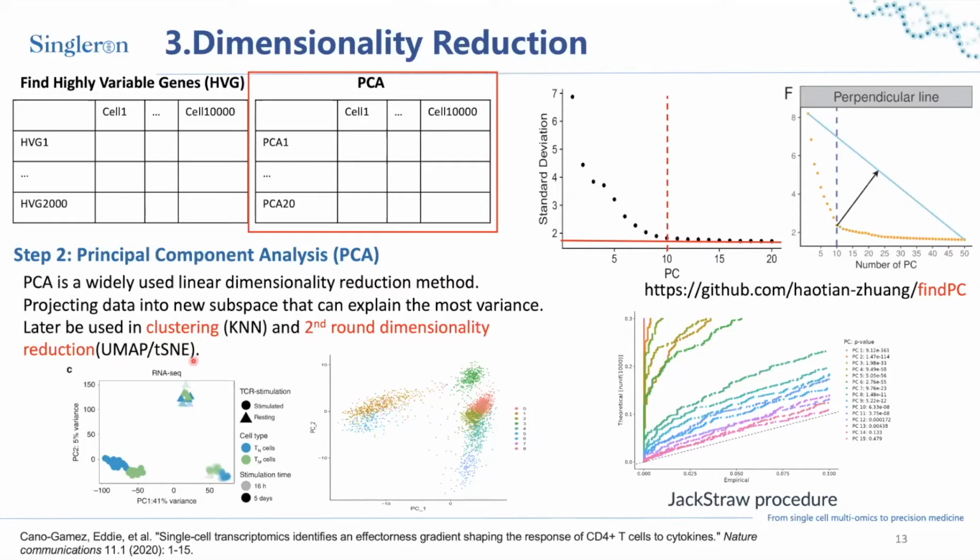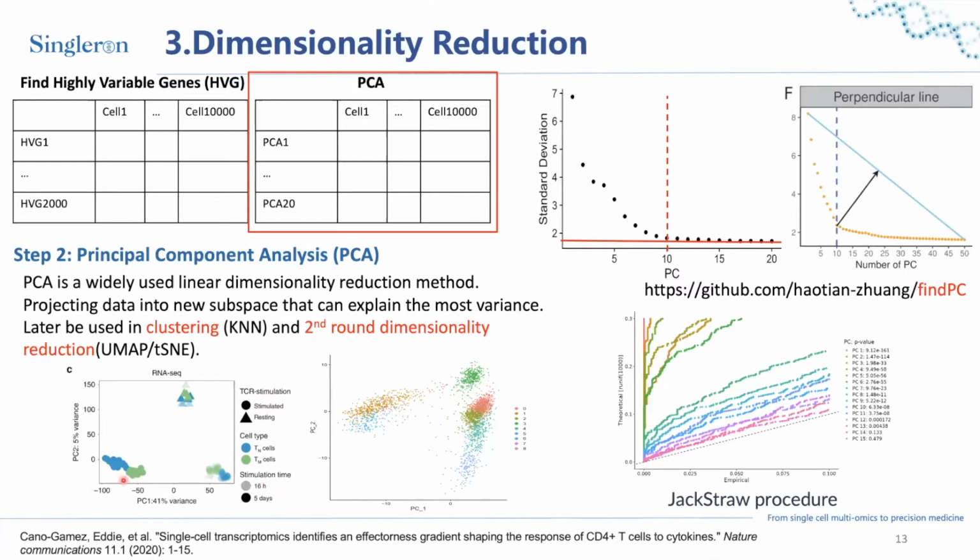So here is the example. This plot is the PCA result from bulk RNA-seq, where the number of samples is limited. You can see that the samples are well separated according to the stimulation state and the stimulation time, and the cell types of stimulated samples are separated from each other.